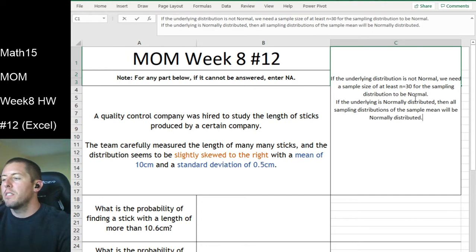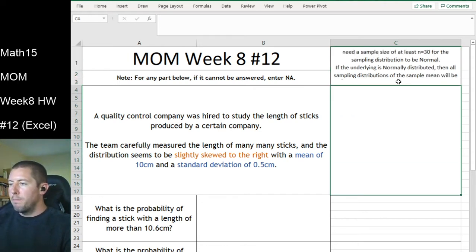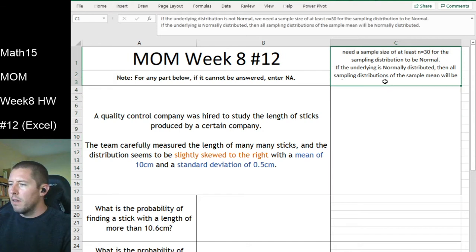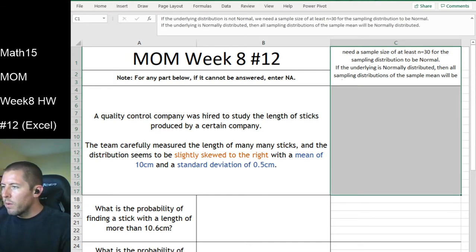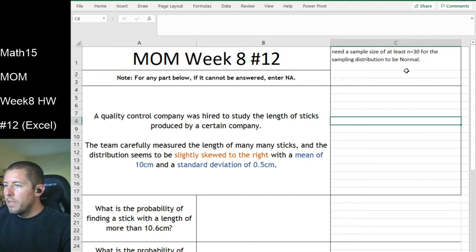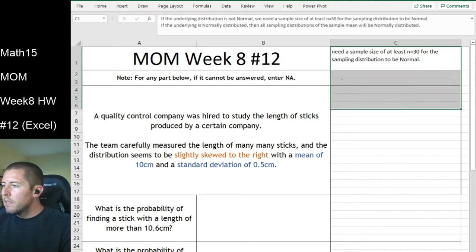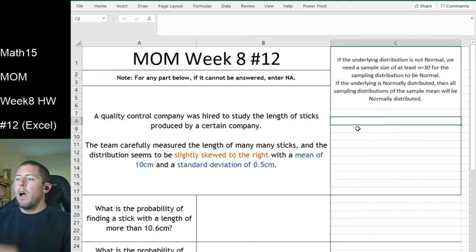The point here is just to say, when this box says, for any part that cannot be answered, enter NA, this is saying since our underlying distribution of individual sticks is not normally distributed, then we are going to require that we have at least 30 sticks collectively to be able to talk about what we think their average is going to be.